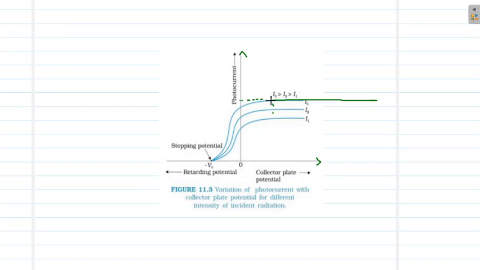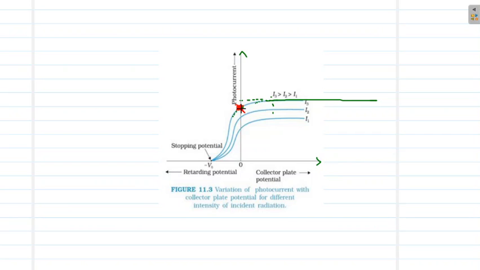But when you decrease the potential, you can see the photocurrent dropping, and even at zero potential, this point here, we still have some value of photocurrent.